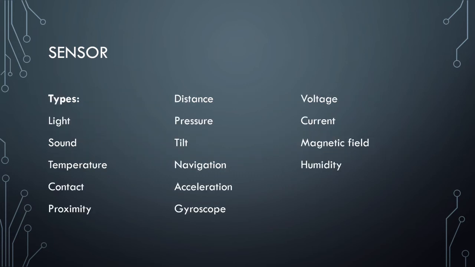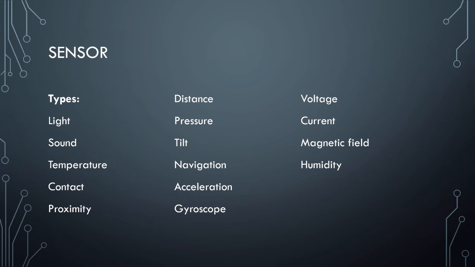Here's a list of the wide variety of sensors, and this is certainly not all of the sensors. There's a huge variety that can be used. Here's some of the more basic and more common ones. I didn't include pictures because these are typically really small electronic components that are not that exciting to look at, but they can provide input for things like light, if there is sound, temperature, contact sensors, so if something is touching the arm, or if something is close by would be a proximity sensor.